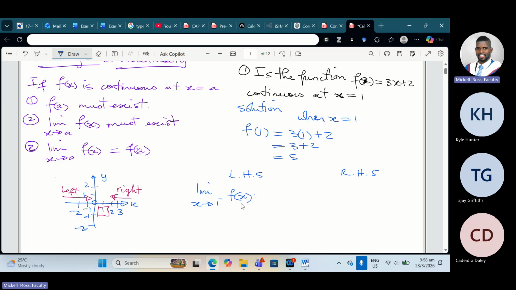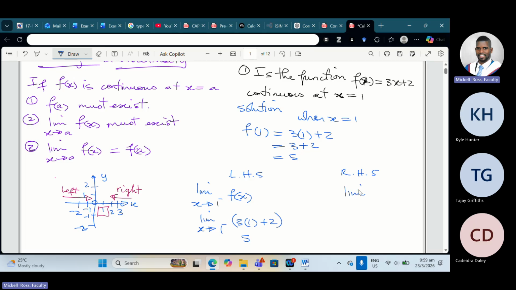So that's going to be equal to, I have to write it down below because I don't want it to come too much on this side. It's going to be equal to the limit as x approaches 1 from the left hand side of 3 times 1 plus 2, so that's still equal to 5.